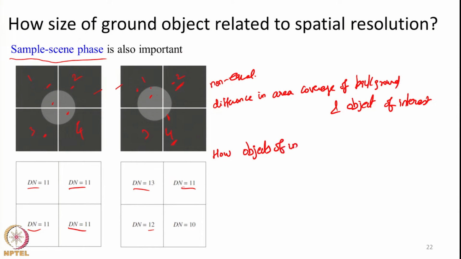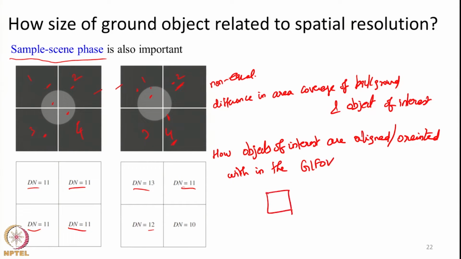That is basically how objects of interest are aligned or oriented within the GIFOV. Say, for example, if this is 1 pixel, like 1 GIFOV, and this is the object of our interest, our object will be much more clearly seen in the GIFOV provided there is very high contrast.